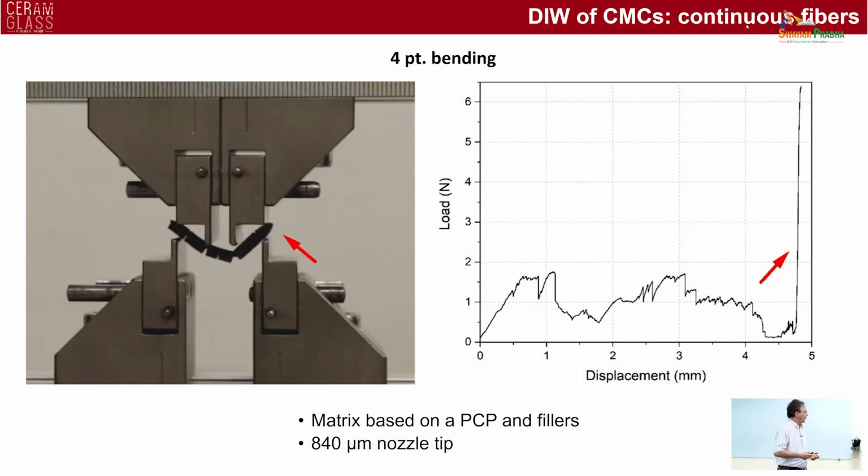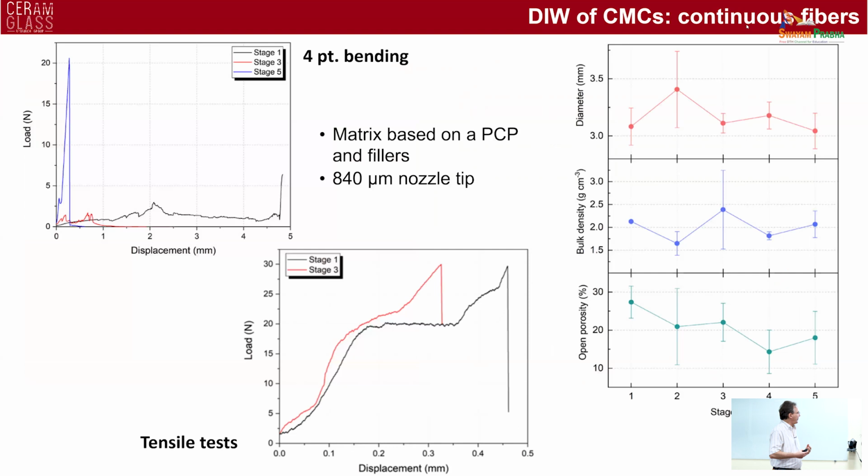So we submitted a paper, but we were asked to carry out also tensile tests. Because with a tensile test, then you can get real values for the fracture strength of the composite. Before talking about the tensile tests, let me show you here.